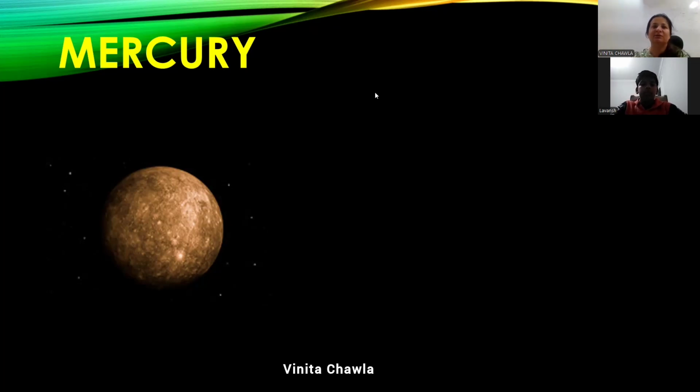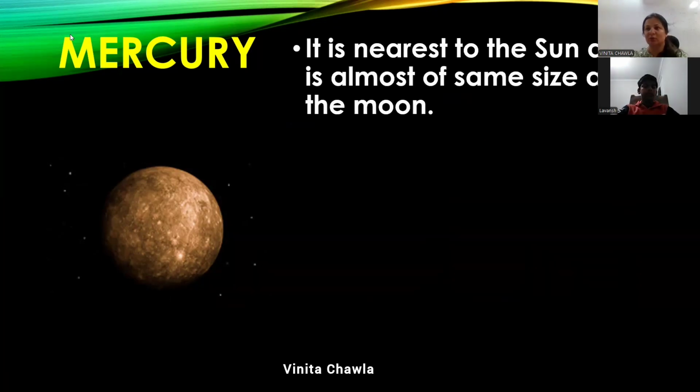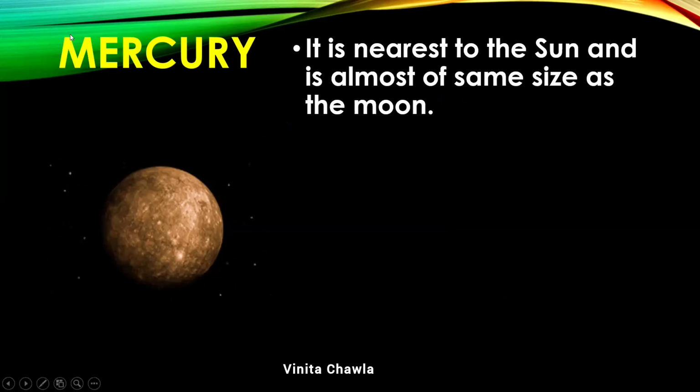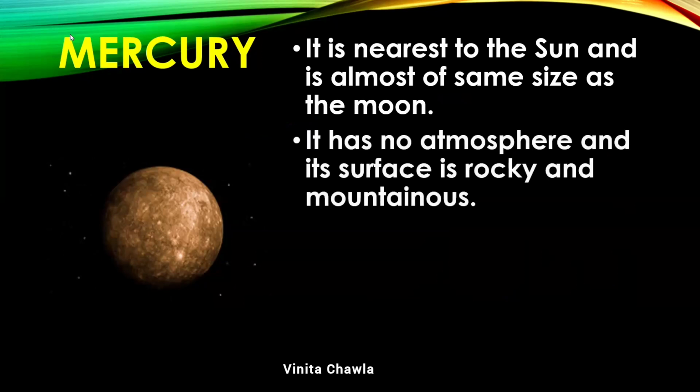So, the first planet of our solar system is Mercury. Mercury is the smallest planet of our solar system, and it is the nearest planet to the sun, and it is almost the same size as the moon. It has no atmosphere, and its surface is rocky and mountainous.